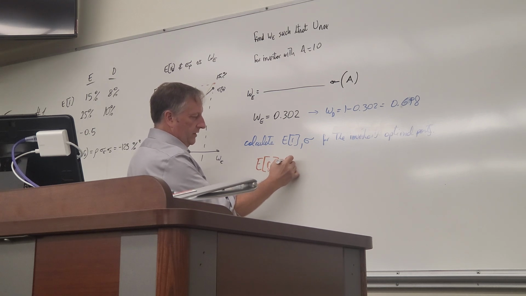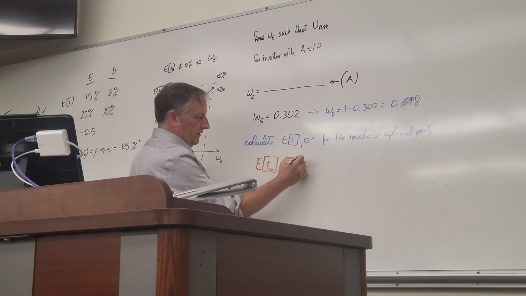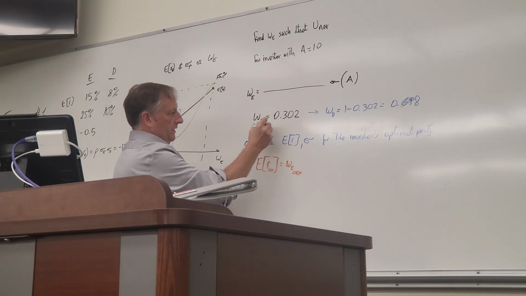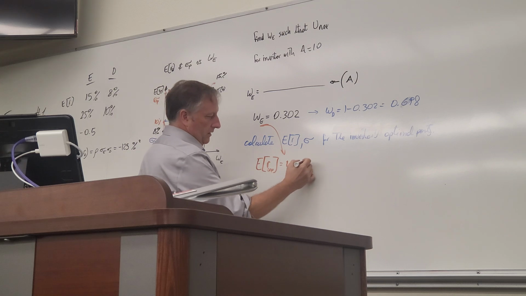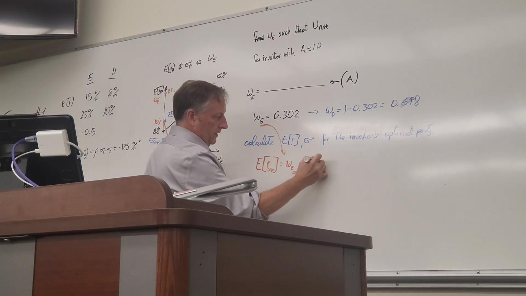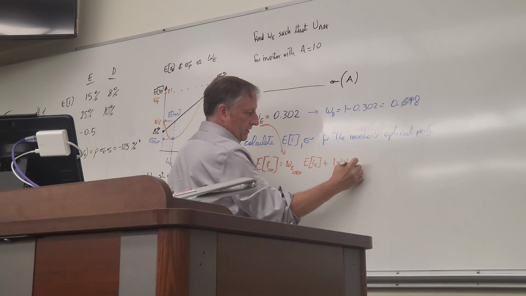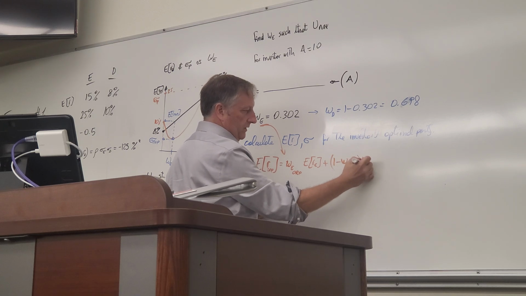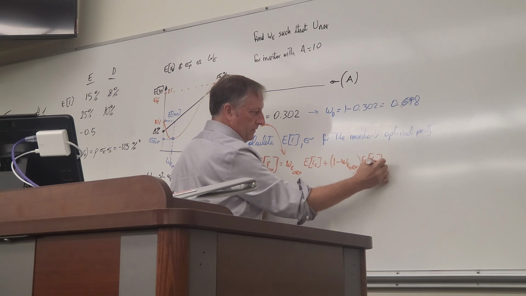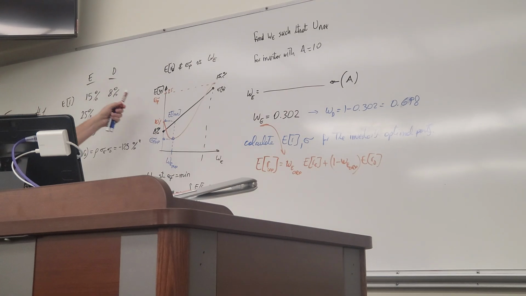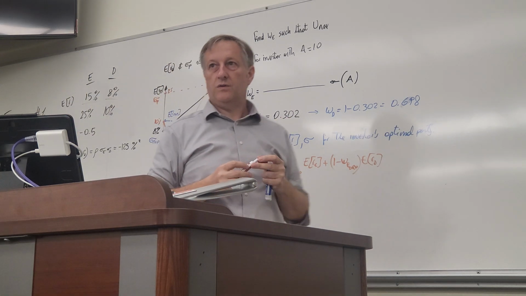It's the weighted average of the return, so it's the weight of equity of the ORP, which is this thing right here, times ERE plus 1 minus the weight of equity that generates the ORP times ERD. So use those characteristics of the two assets, put them in here with the weights that you just found.